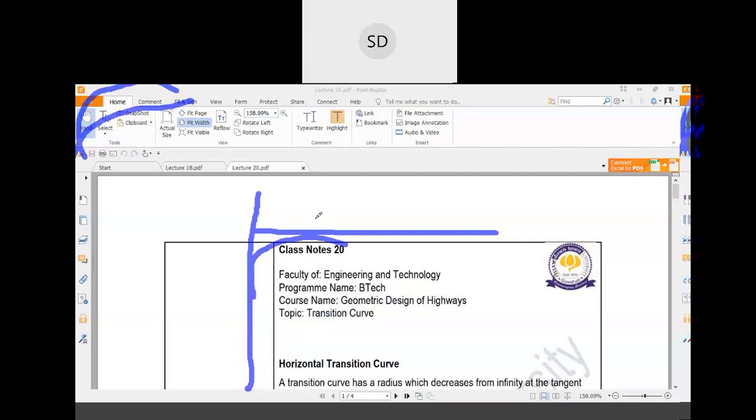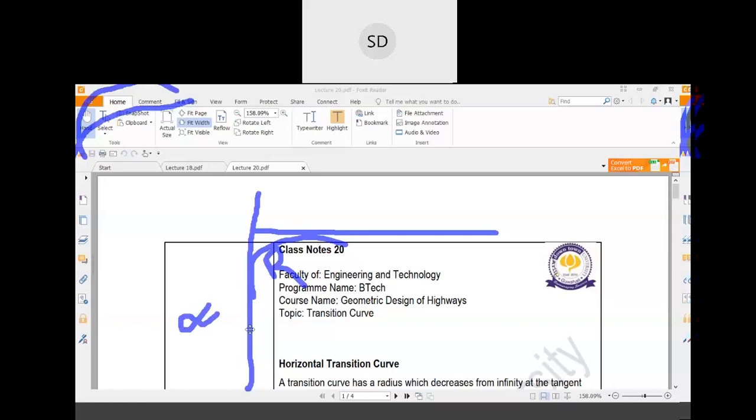Now, what will happen in such cases? Initially, the road was straight and suddenly there is a circular curve. If there is a sudden circular curve, there would be sudden changes in radius. Initially in the straight path, your radius is infinity, but suddenly at this point, your radius would be R.